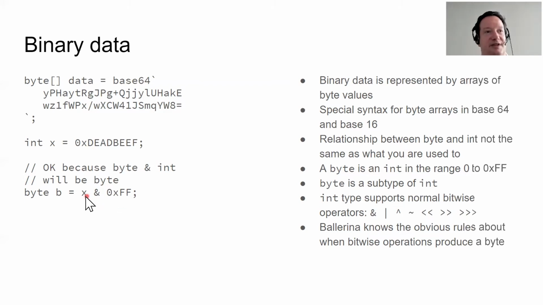So if you take an int and you take something in the range 0 to 255 and you do bitwise AND, you know just from maths that that is going to be in the range 0 to 255. And so we can make that be a byte here. But it's not a separate type. That is important to understand. And that is different from a lot of languages.